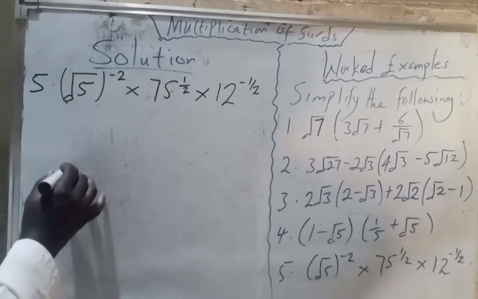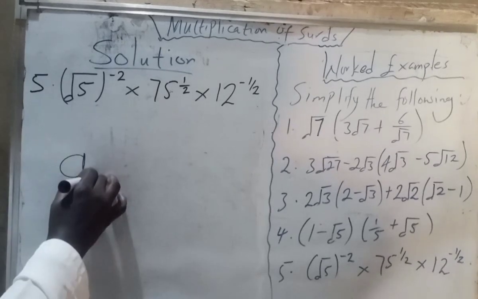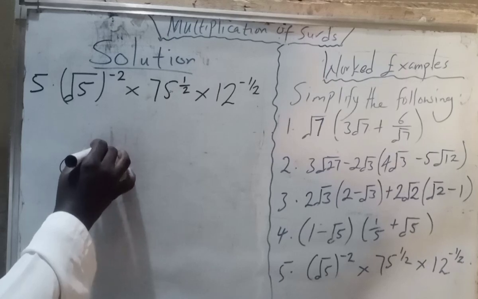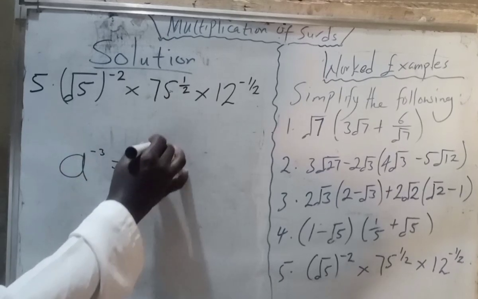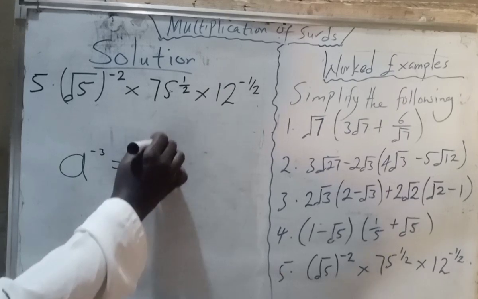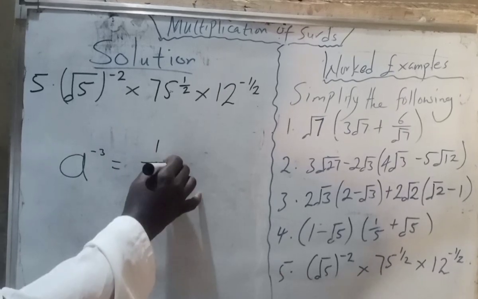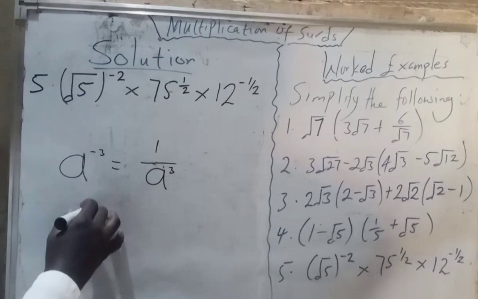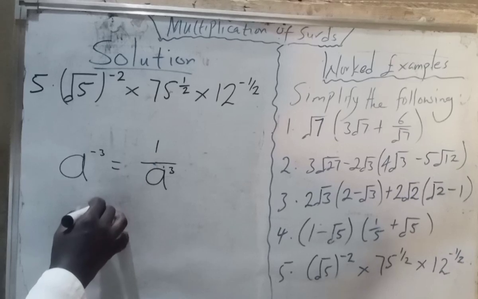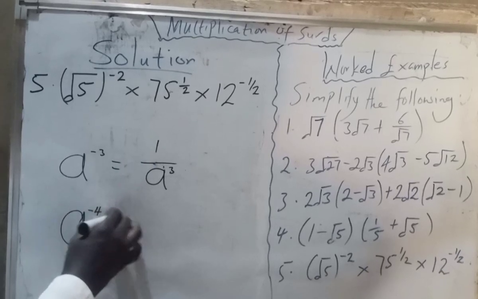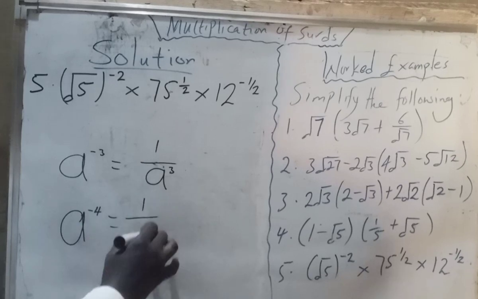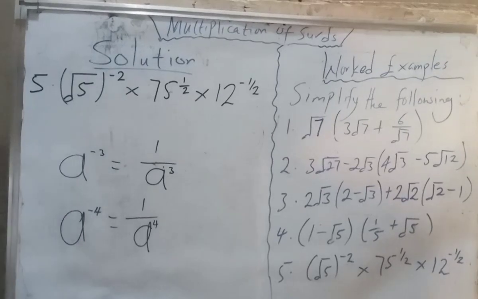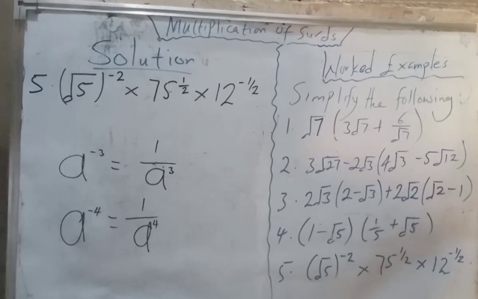If you have A exponent negative 3, it is the same as 1 over A exponent +3. If you have A exponent negative 4, it is the same as 1 over A exponent +4. So we shall be using that property here as well.